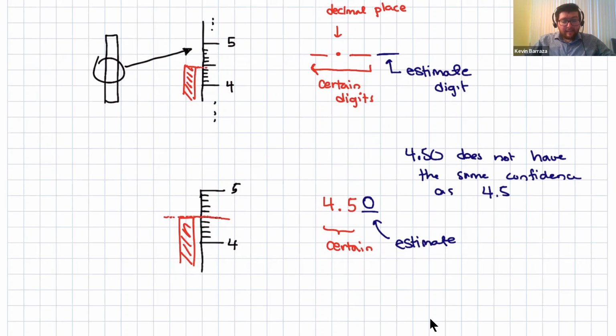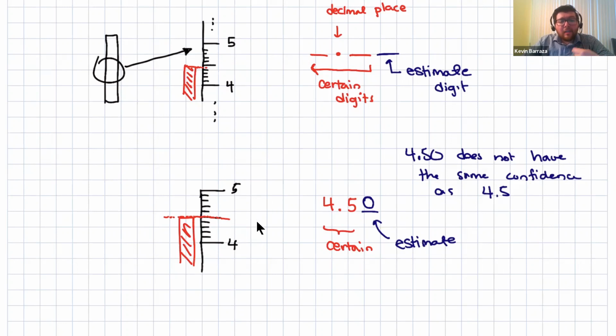In the eyes of scientific notation and significant figures, those are different numbers. 4.5 is not the same as 4.50. Our ruler is telling us we are accurate to the hundredths place. So that always needs to be conveyed to the audience, that I'm not going too far or too little with my significance.